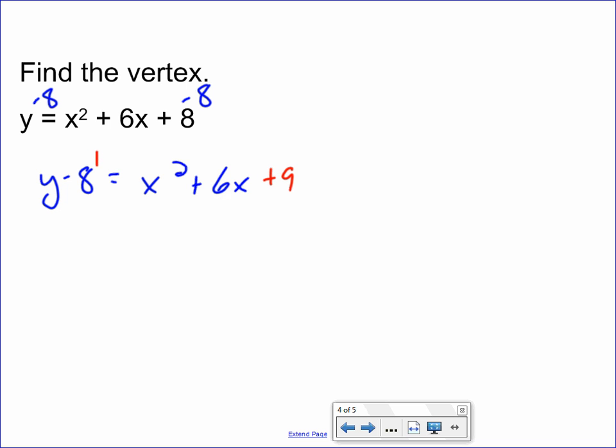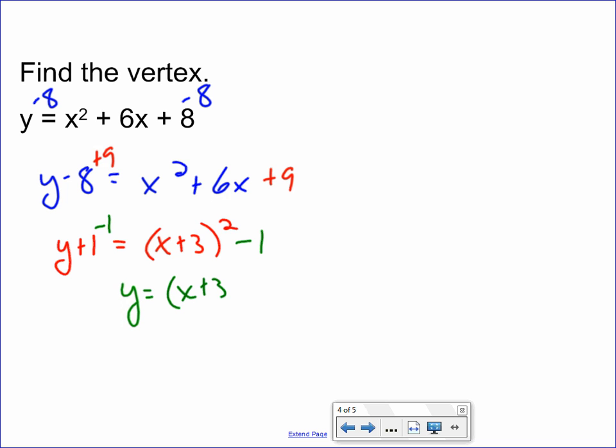So I'd add on the 9, and I'd get y plus 1 equals x plus 3 squared. My last step, I simply subtract off the 1, and I'd have y equals x plus 3 squared minus 1. If we think back to how it comes out, our vertex would be negative 3, negative 1. If you want to test that on Desmos, that would be great.